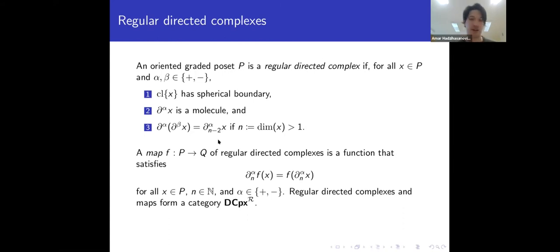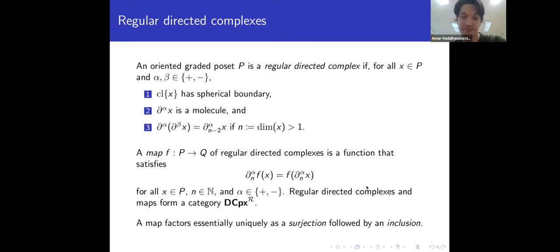And then we can introduce a notion of map between these as a function that is compatible with all these boundaries. We can form a category of regular directed complexes and maps, and these maps have an orthogonal factorization system.